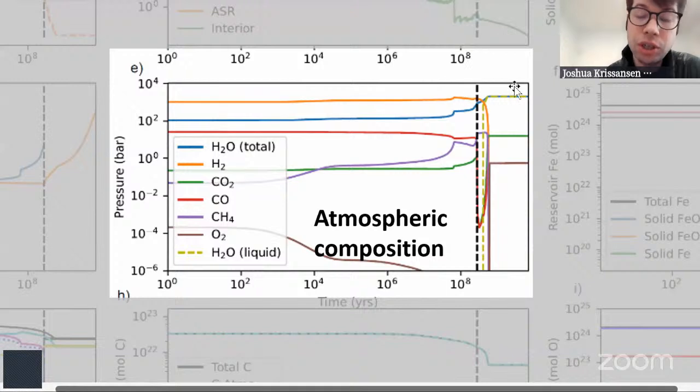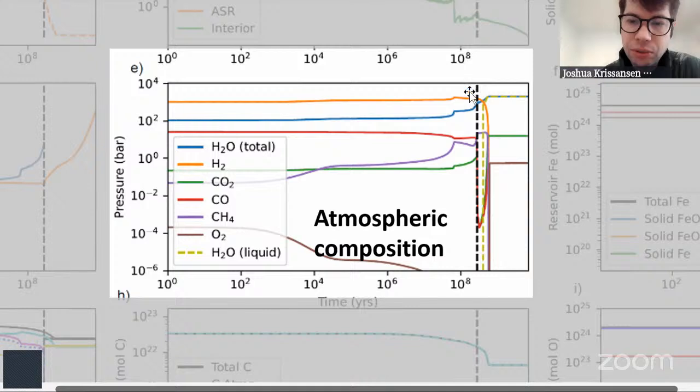In fact, you're replenishing the water through reactions of the hydrogen with the iron oxide molten interior. And so in this particular case, you end up with a few Earth oceans worth of water and tens of bar of CO2, a little bit of oxygen.